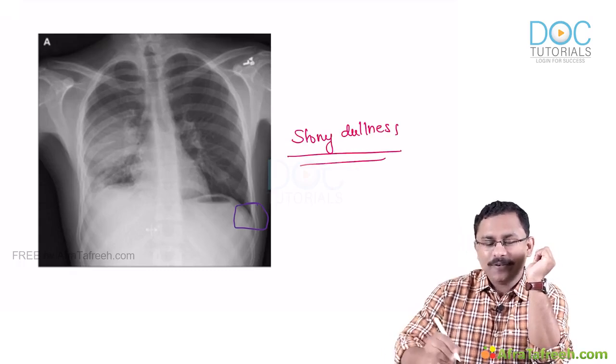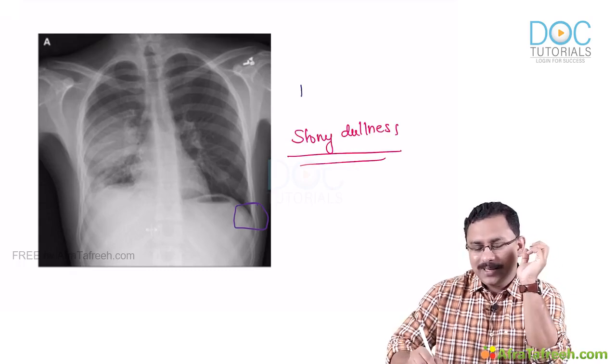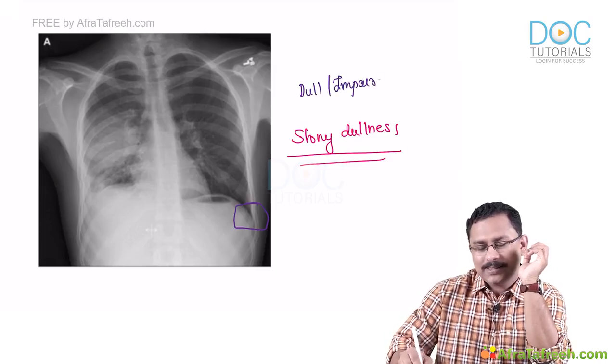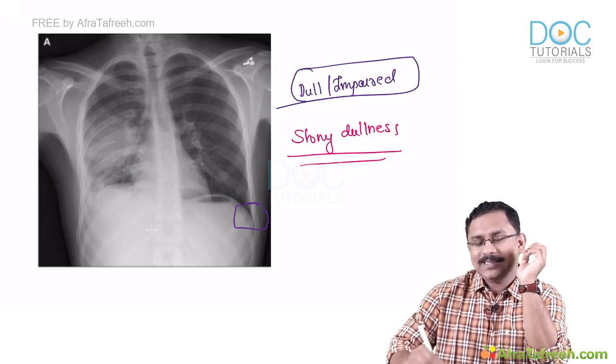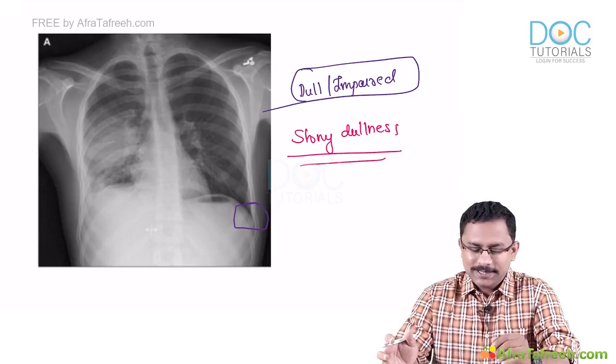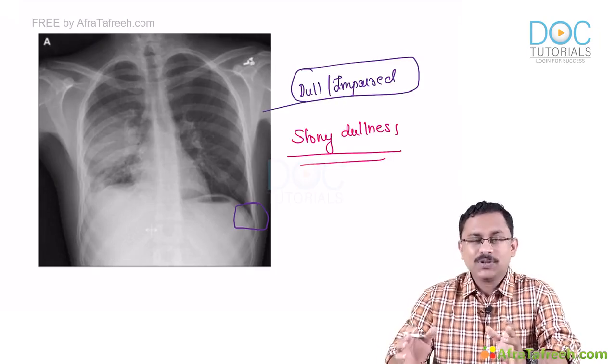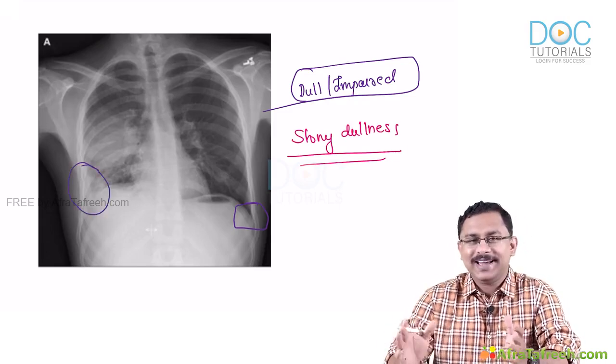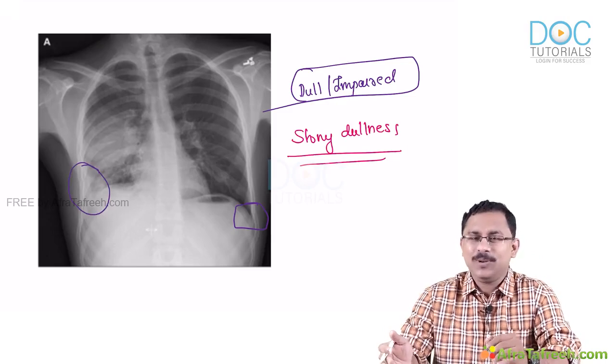Whereas in case of pneumonia, you expect a dull note, or you can even call it impaired resonance. Dull or impaired resonance is seen in the region of a consolidation. So always keep in mind the parapneumonic effusion that can be associated with pneumonia.